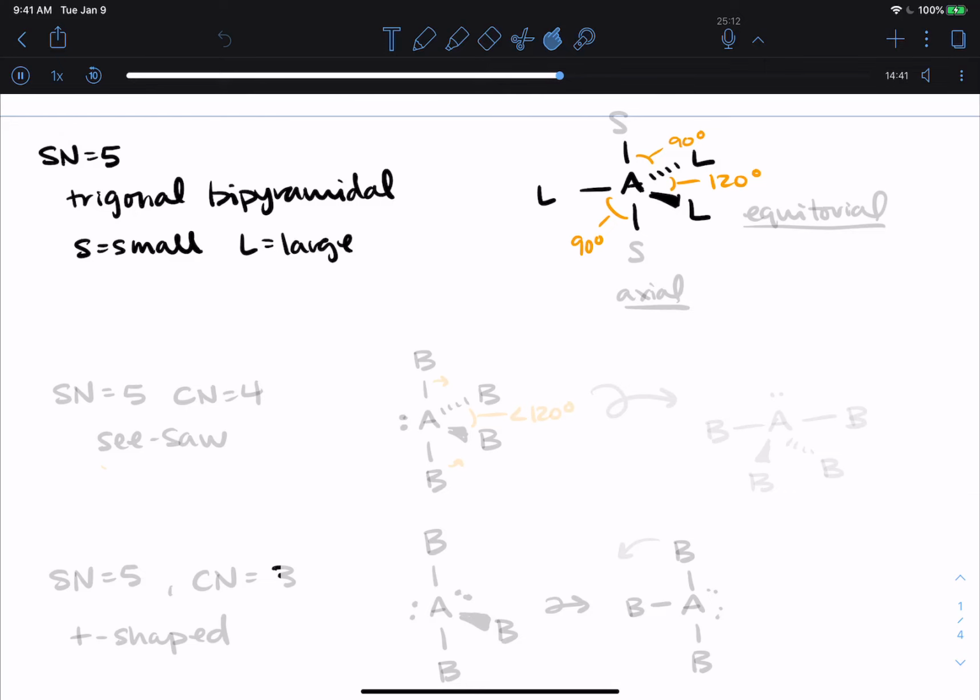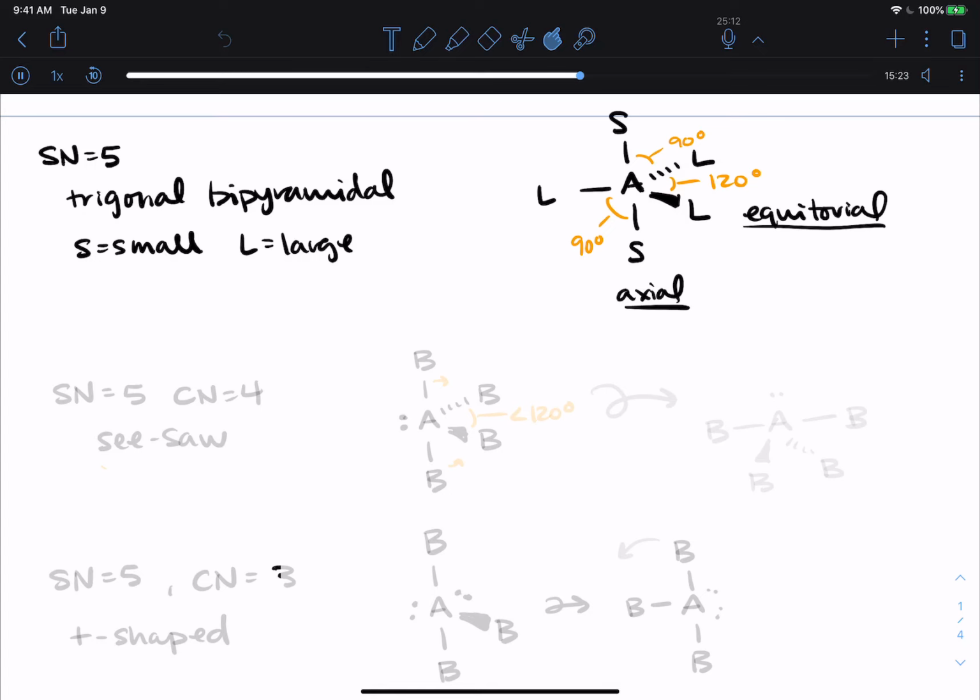There's more space in these positions around the middle that looks like the equator, perhaps. And there's less space in these positions that look like an axis for spinning around my equator. So my small atoms I've put in axial positions because they look like the axis of the Earth, and then these large atoms are in equatorial, which are around the equator of my molecule.